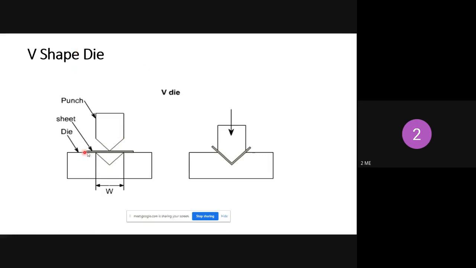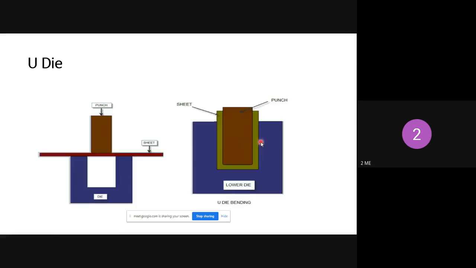The sheet metal is placed above the die, and sometimes we can use a stripper for the purpose of holding the sheet metal properly. Then apply downward force with the help of the V shape punch, and you will get a V shape workpiece. That is called the V shape die. So the next one is the U die.